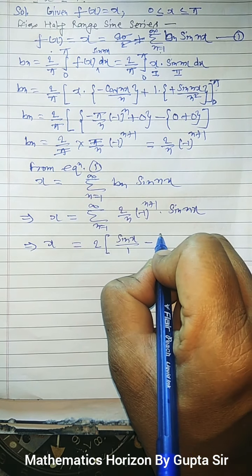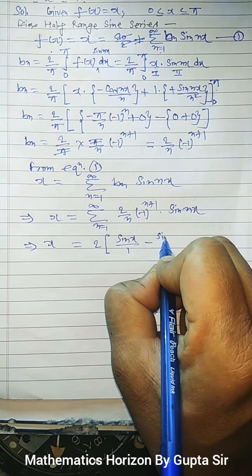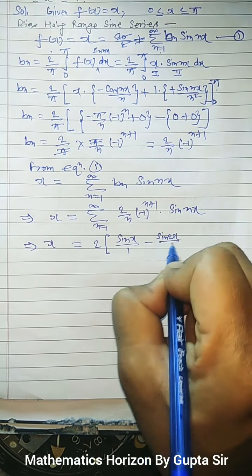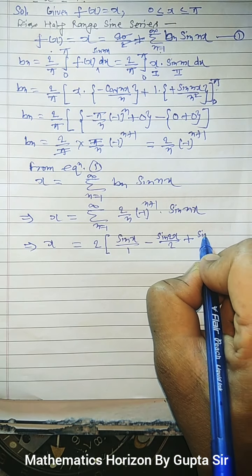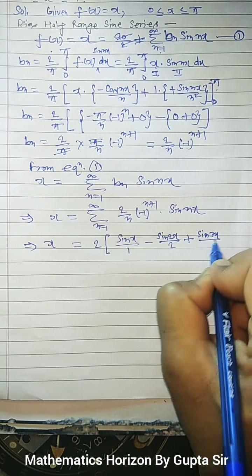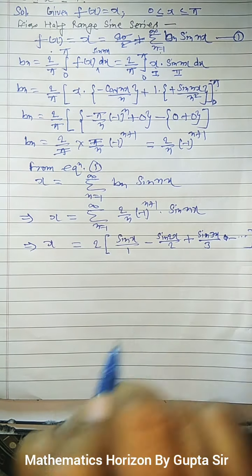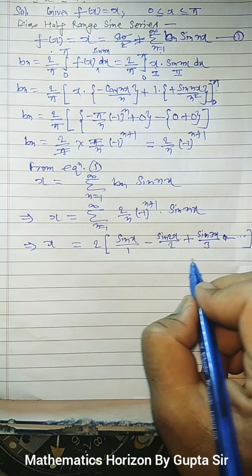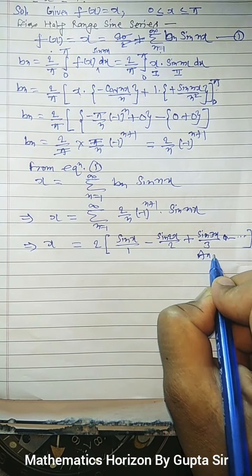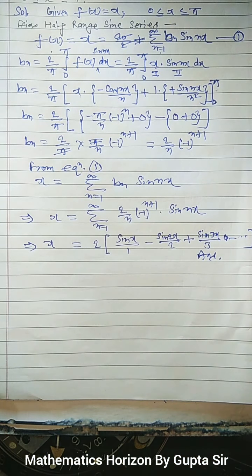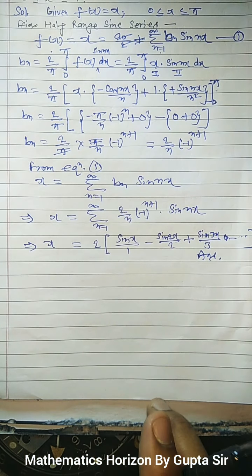That is here when n equal to 2, we have minus sin 2x upon 2. And next term in similar fashion we have sin 3x upon 3 and so on. Okay. This is the Fourier sine series for the function fx is equal to x in the interval 0 less than x less than pi.